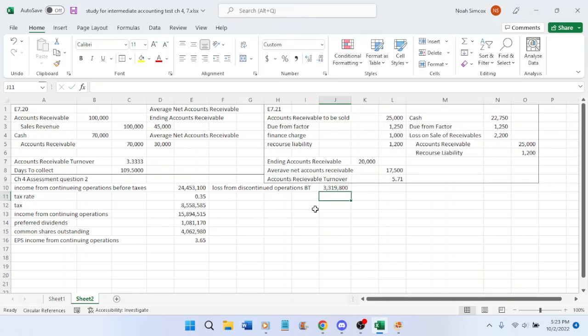So tax, loss from discontinued operations equals this minus this.